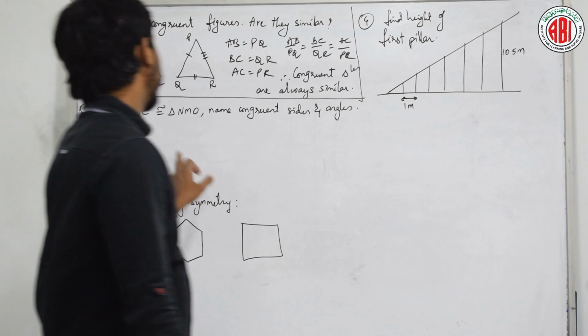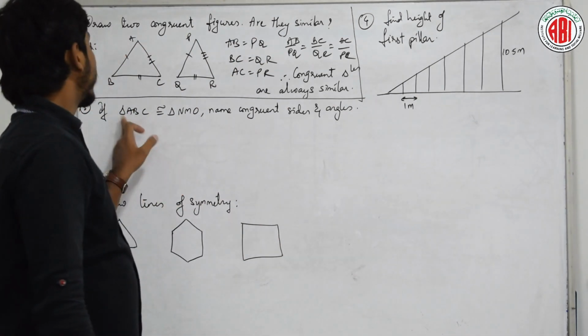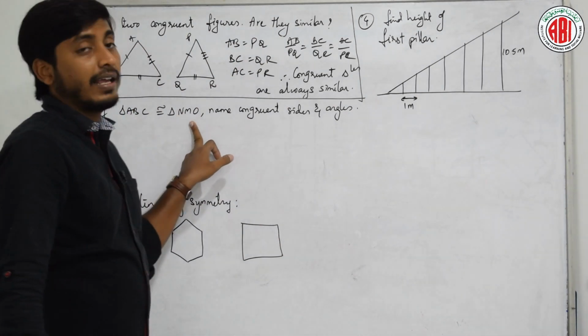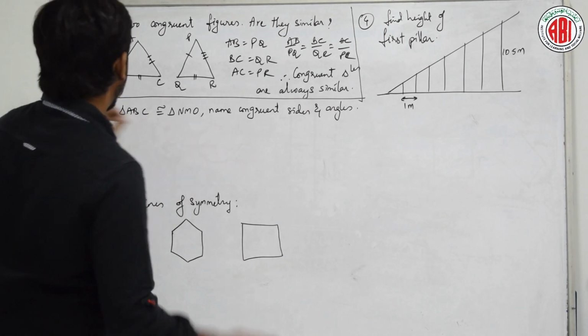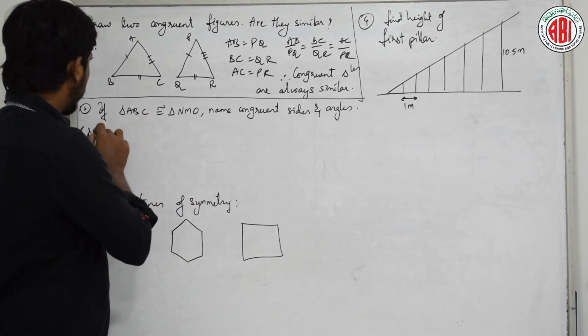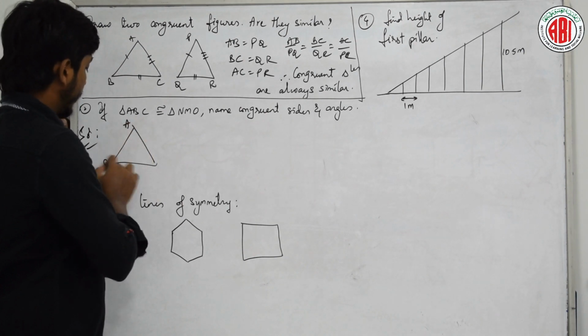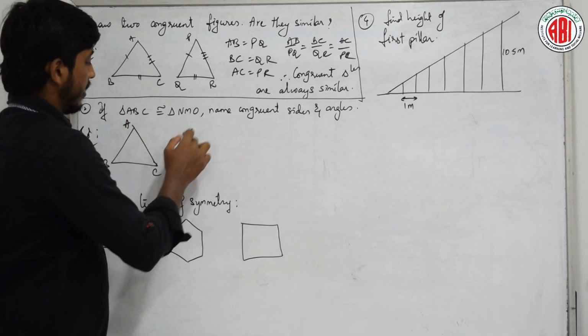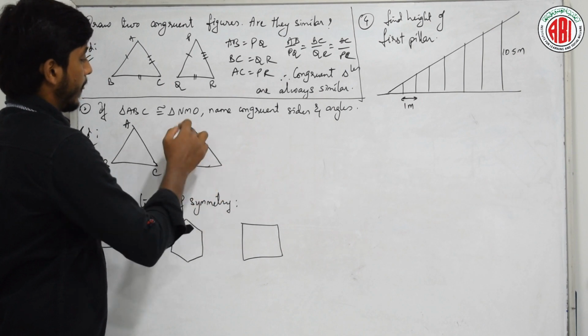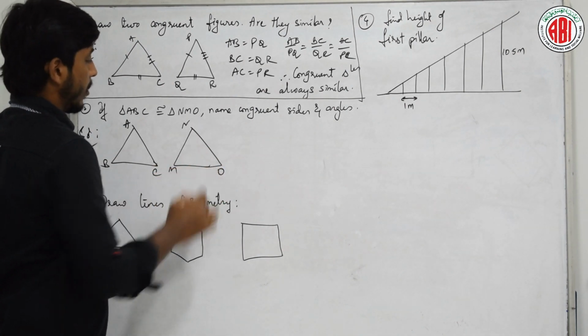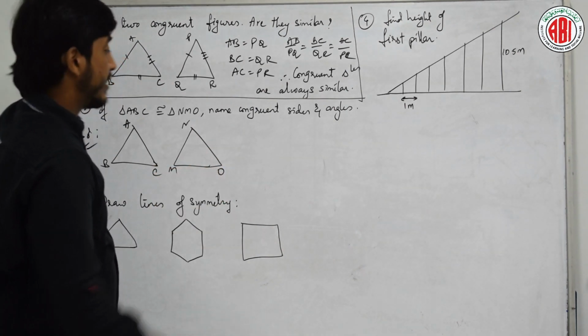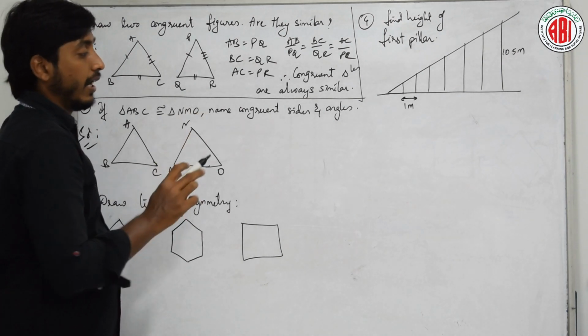Okay. Next, see here. He is telling us triangle ABC is congruent to triangle NMO. Let us draw both of them: triangle ABC and triangle NMO. He is telling both triangles are congruent.